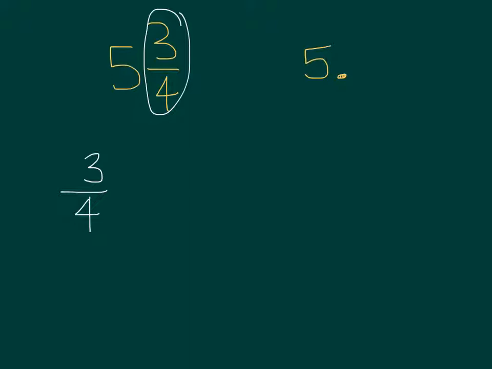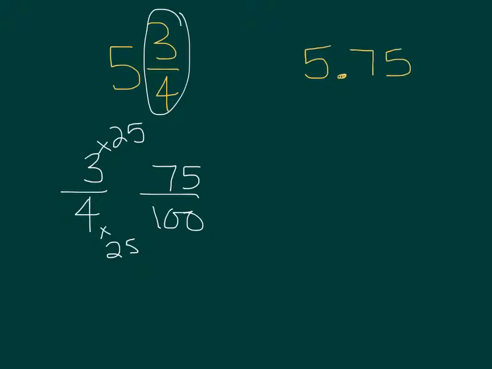Well, we cannot turn 4 into 10, but we can turn 4 into 100. So we would multiply top and bottom by 25, and we know that this is 75. So we write it as 0.75. That is our decimal to represent our fraction.